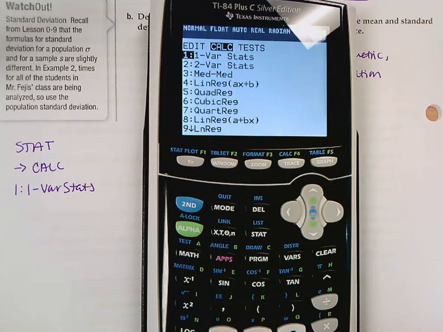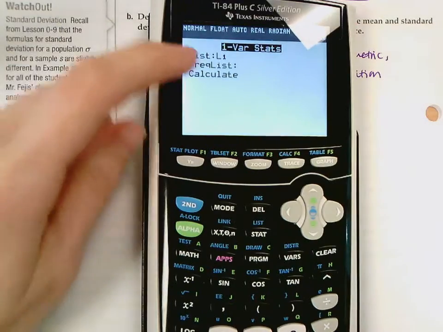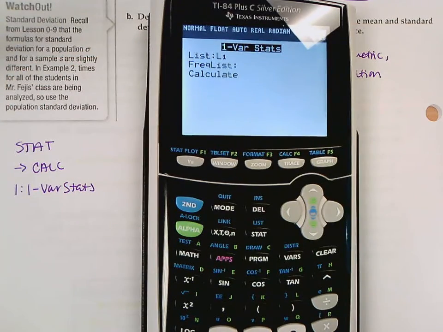So from here now, depending on which calculator you grabbed, you're going to get a different screen. So you hit enter. If you have a yellow cover, you'll probably have a screen like I have. If you have a black cover, you just have the 1-Var Stats with your cursor blinking. So if you have this screen, you just want to make sure the list that's there, again, is the list you put your data into.